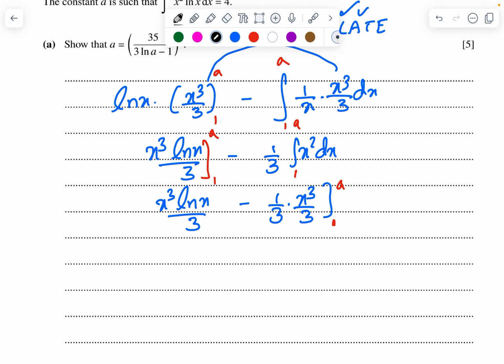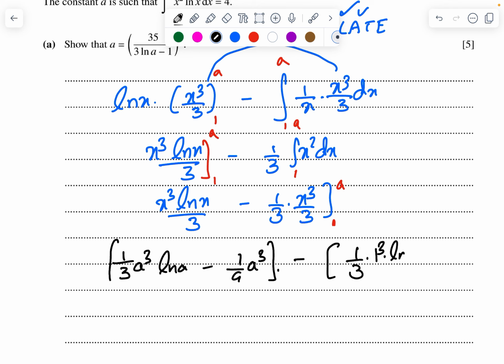So it becomes, substituting the upper limit, 1 upon 3 a cube ln a minus 1 upon 9 a cube, minus 1 upon 3 times 1 cube times ln 1 minus 1 upon 9 times 1 cube. So 1 upon 3 a cube ln a minus 1 upon 9 a cube plus 1 upon 9 equals 4.